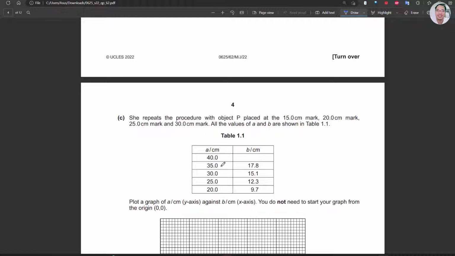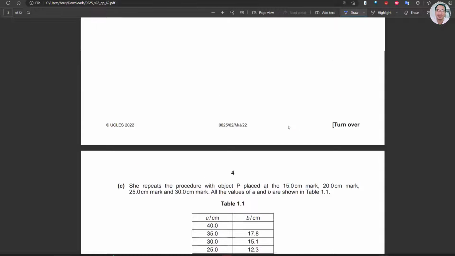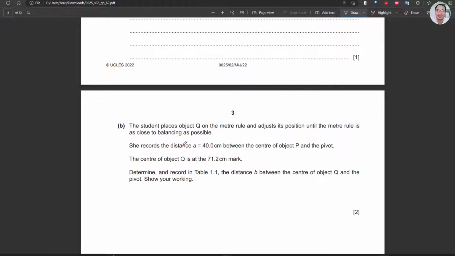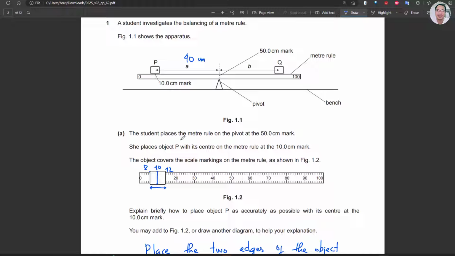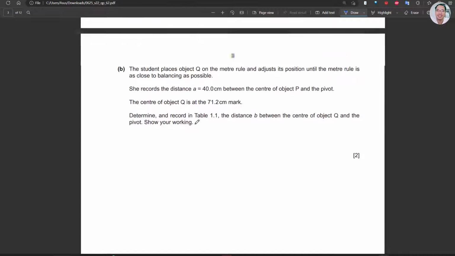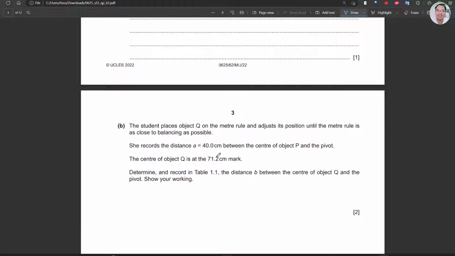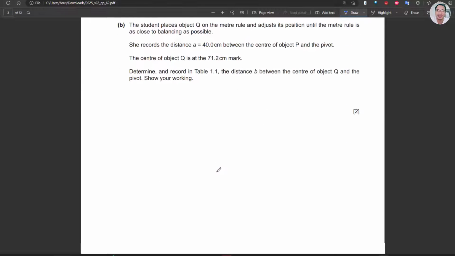No. There's no information about their weights. 40 centimeter, the distance CB.